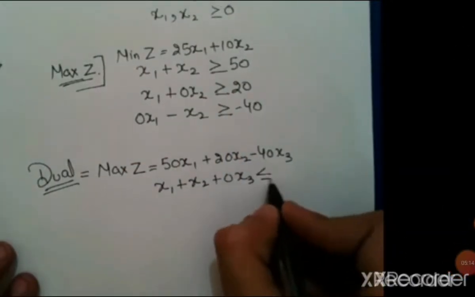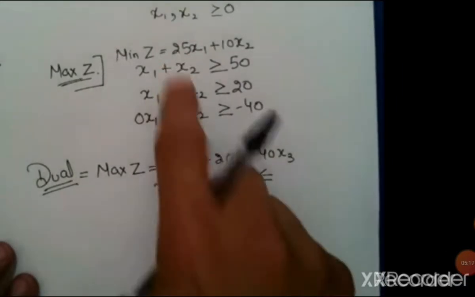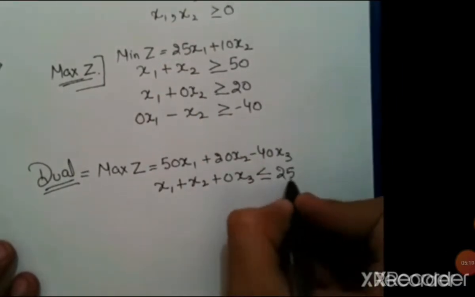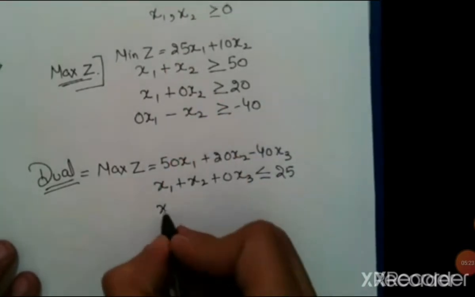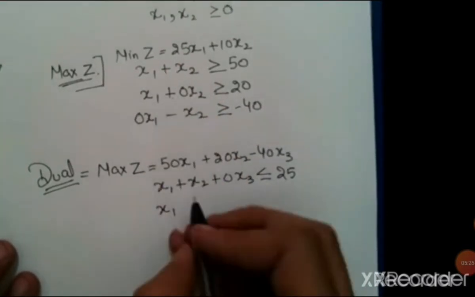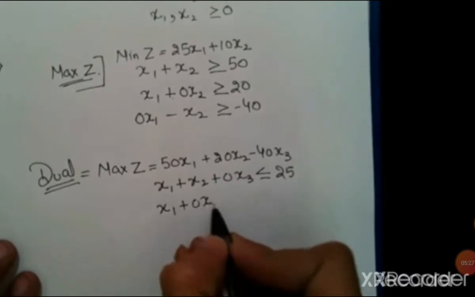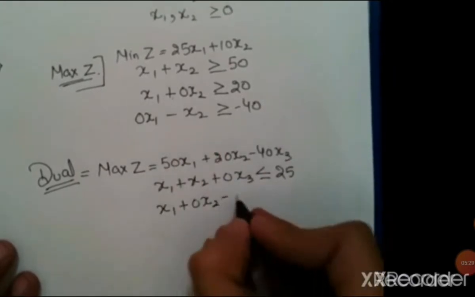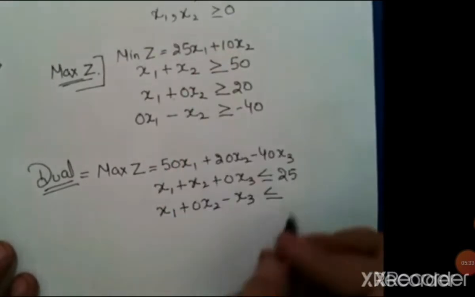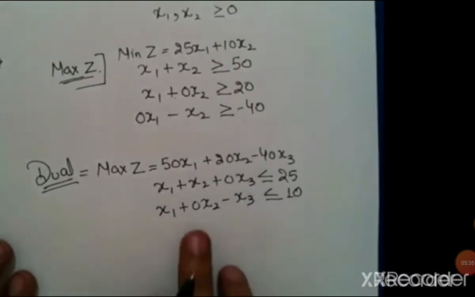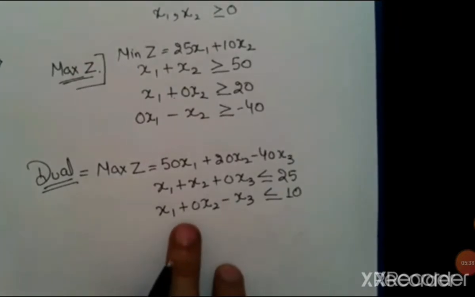So the first equation is x1 plus x2 plus 0x3 less than or equal to 25. The second column becomes the second row: x1 plus 0x2 minus x3 less than or equal to 10. So the column becomes a row and the row becomes a column.